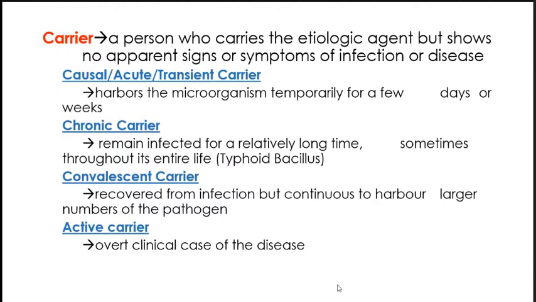So, for example, sa hepatitis B, if ever you are a carrier of hepatitis B, would you be an active carrier, a chronic carrier, a casual transient carrier, or a convalescent carrier? Ma'am, pag hepatitis B, kapag once na nagkaroon ka ng Hepa B virus, lifetime na yun.